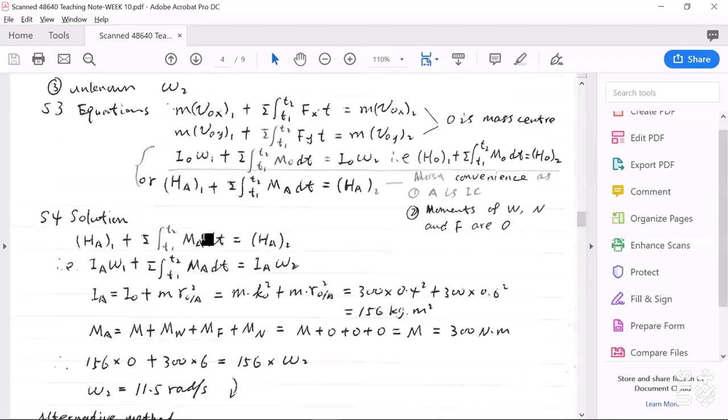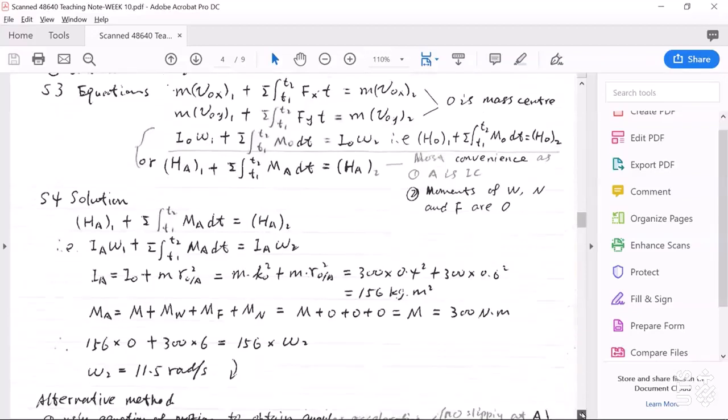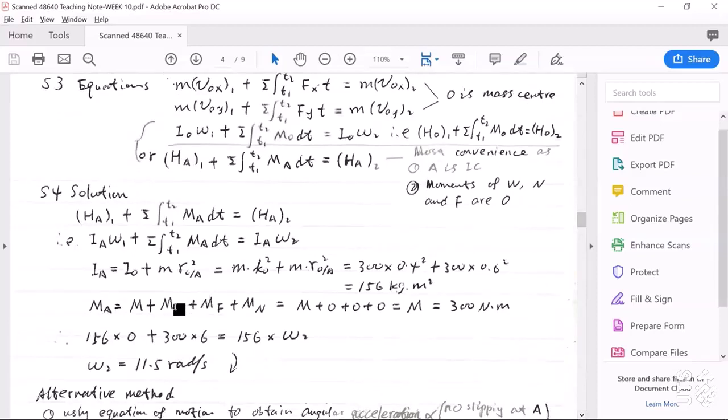M_A must be calculated. M_A is the moment generated by all external forces about point A. As indicated just now, the moment arms of weight force W, friction force F, and the normal force N are all zero. So finally, we only have the couple moment M, so M_A is equal to M. Omega 1 is zero.